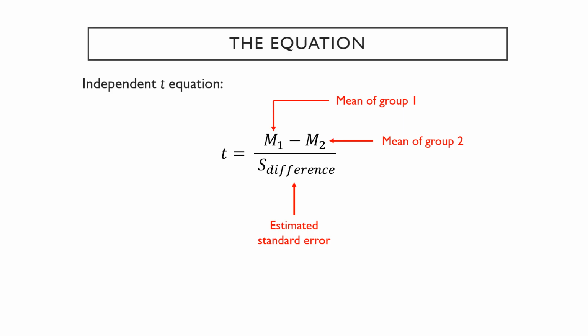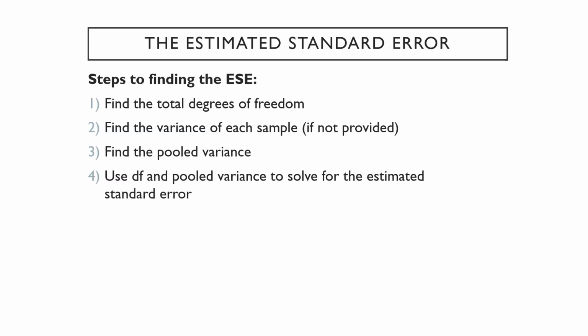In other words, is the difference between our means similar to what we would expect to find in the population? Because we have two means, we calculate the estimated standard error a little differently. There are 4 steps to finding the estimated standard error for an independent t-test.